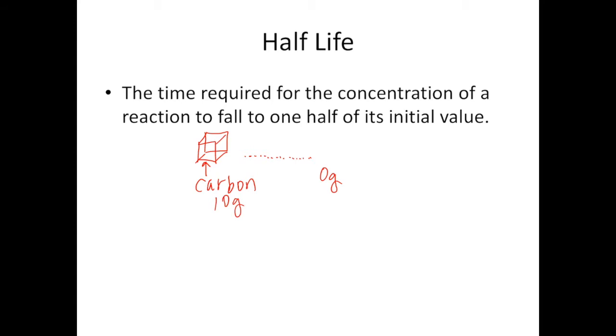Carbon goes at a really slow rate, thousands of years would be its half-life, whereas strontium is 29 years, so about 30 years. And then you have certain elements that are really, really heavy that have millisecond half-lives. So they decay really, really quickly.